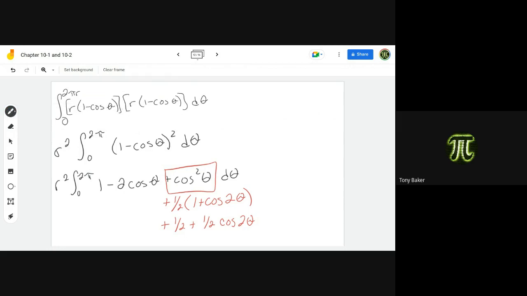So this whole thing goes to 3/2 minus 2 cosine theta plus 1/2 cosine 2 theta. And now you can do the integral of it.